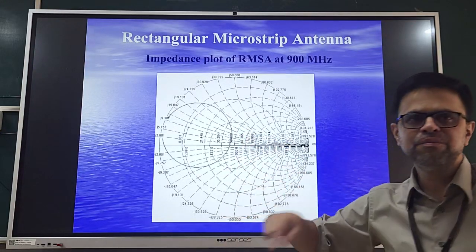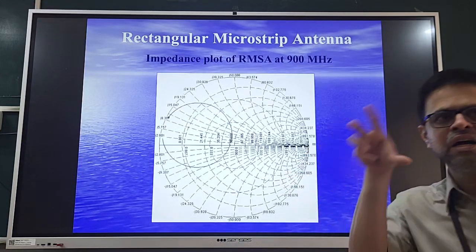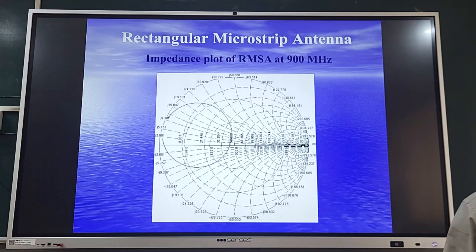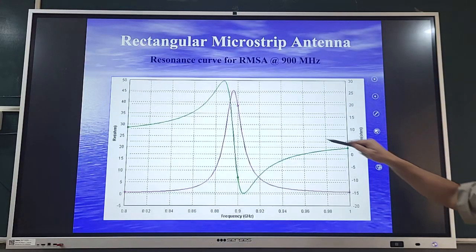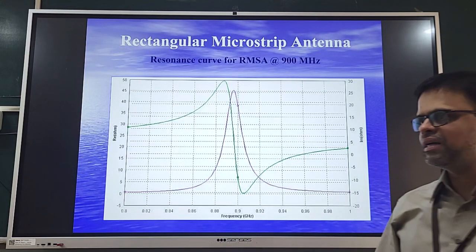So these loci move along that constant R. That is the parallel resonant circuit equivalent R of the rectangular microstrip antenna. And if you see the impedance locus of this, the resonance plot looks like this. This is the R plus JX variation plot of your rectangular microstrip antenna.